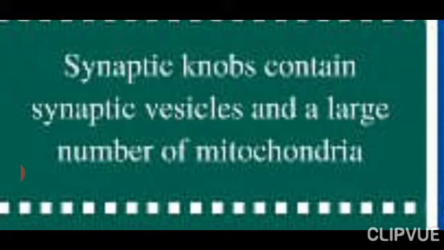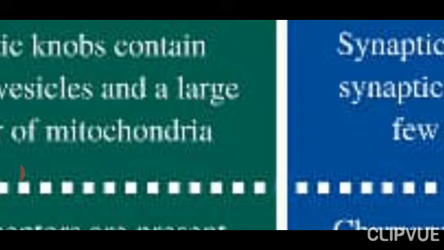What is its nature? The synaptic knob is made up of synaptic vesicles and a large number of mitochondria. Why? Because the production of neurotransmitter requires energy. So the mitochondria are responsible for generating the energy which will be used to synthesize the neurotransmitter.